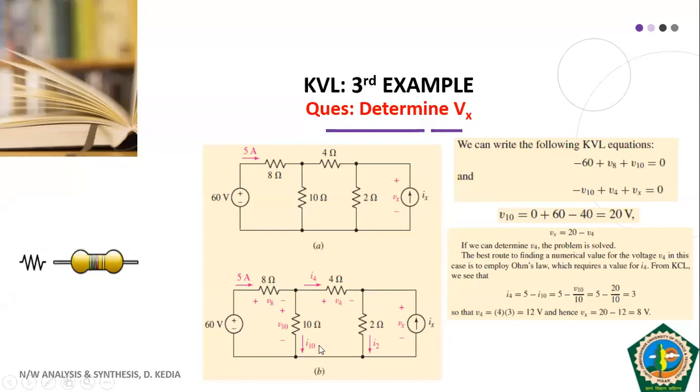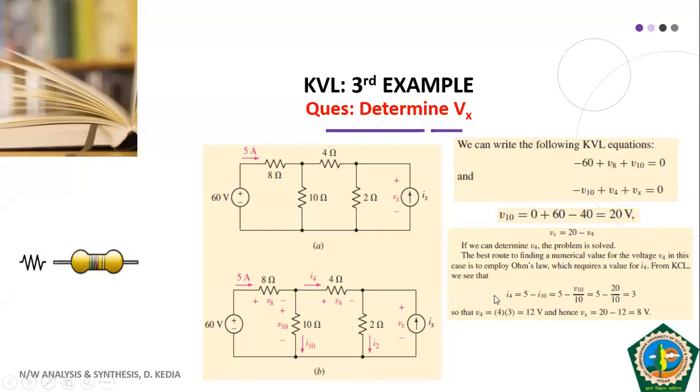You can see in this loop, in the first equation, we have minus 60, and V8 is plus 40, plus V10 equal to 0. So the value of V10 will come out to be 20 volt. Is it okay? Ritik, understood?